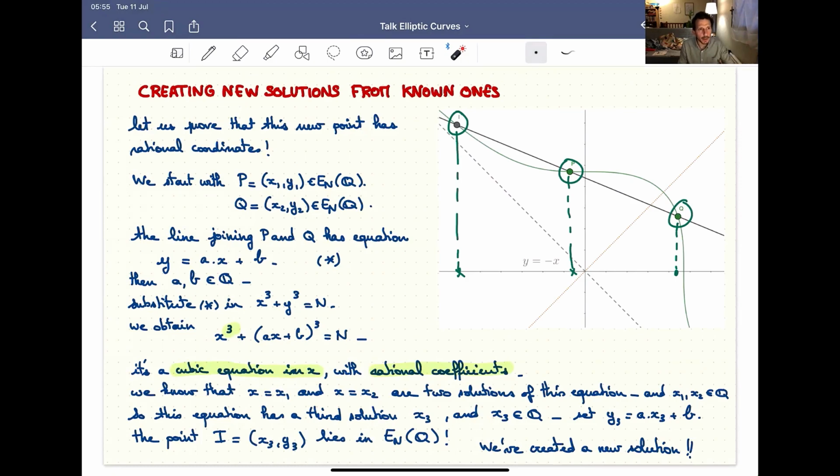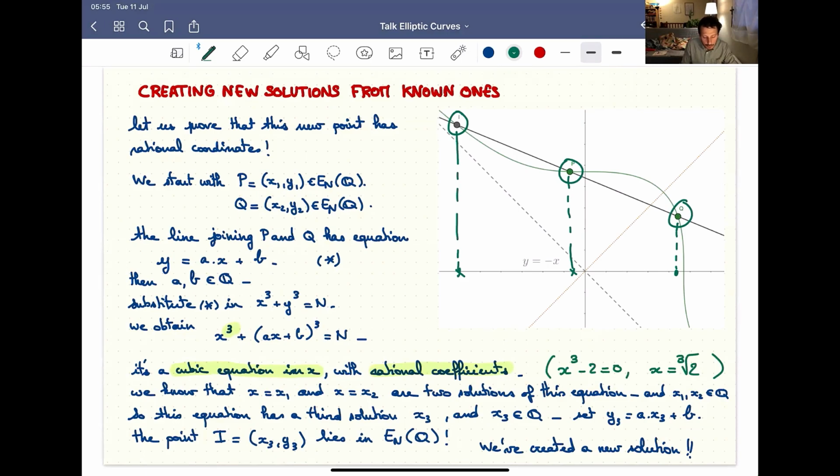So at first it doesn't say much, because there's no reason why the solutions to this equation should be rational numbers. Think of, I guess, x cubed minus 2 equals 0. It's a cubic equation in x with rational coefficients, just 1 and 2. And one solution of this equation is the cube root of 2, but this is not a rational number.